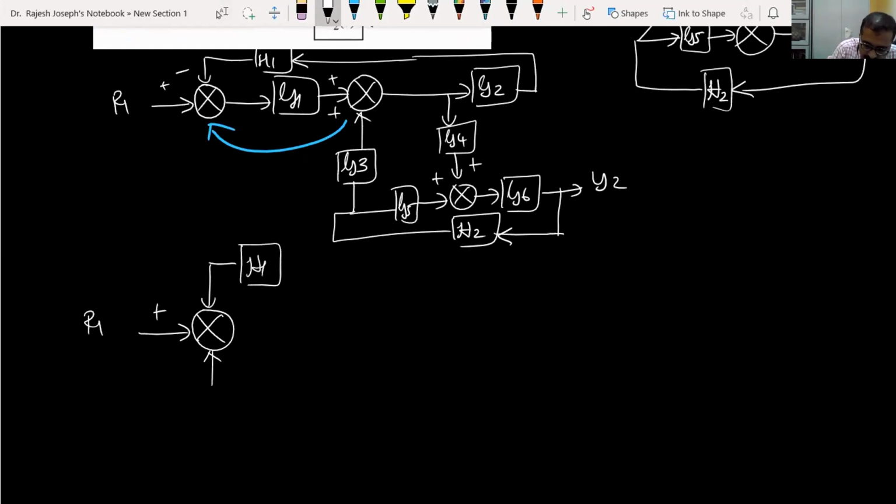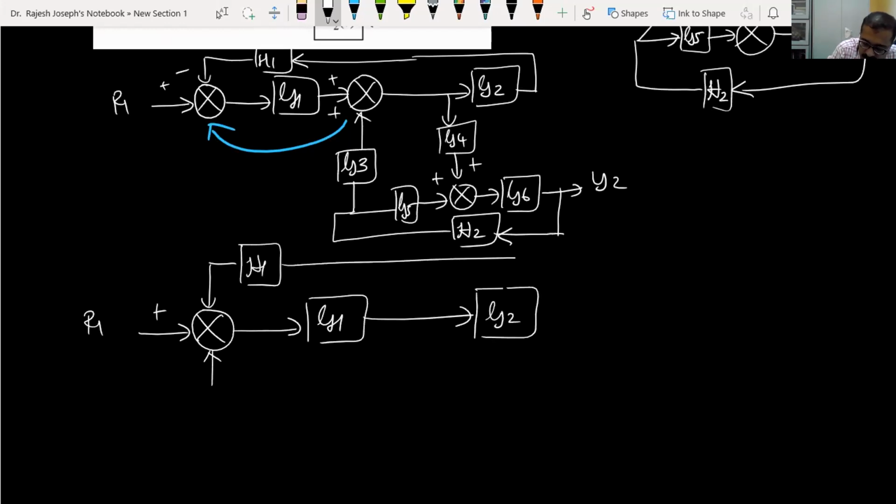Here is our G1, here is our G2 that is coming like this. So this branch has been shifted. When you shift this summing point to the left side of G1, this becomes G3 by G1. Everything else remains the same.